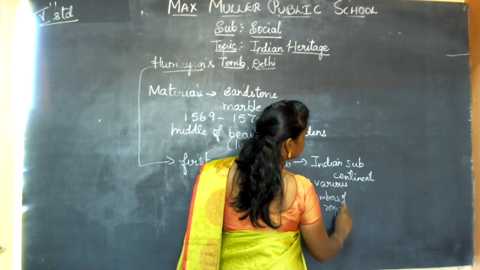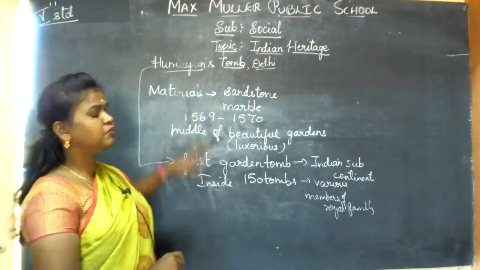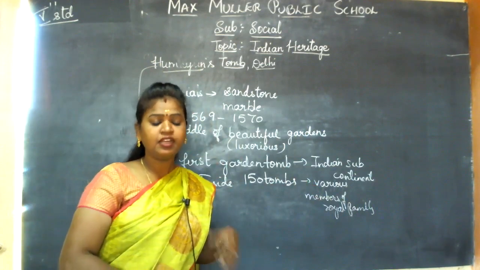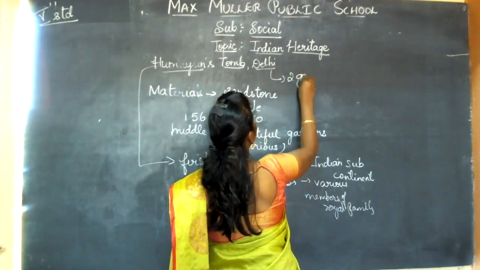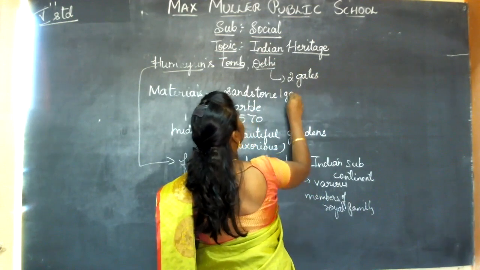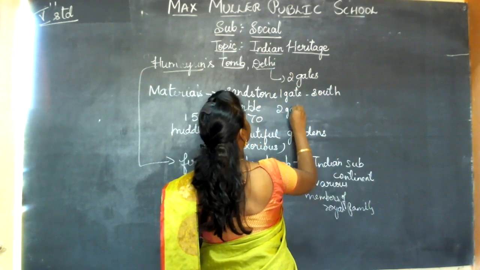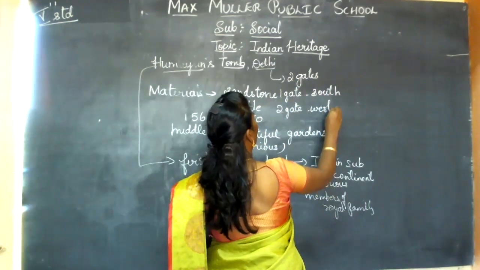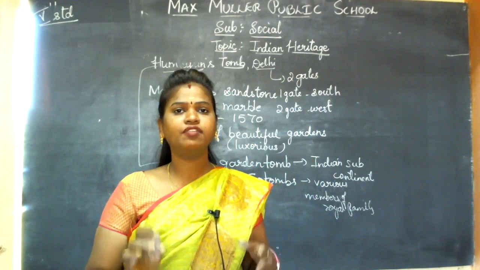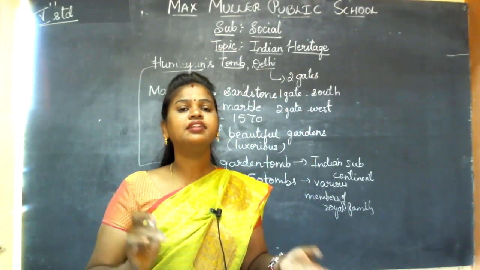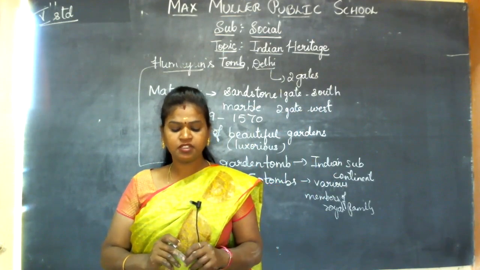And here we can see two gates. In Humayun's tomb, the first gate is in the south, and the second gate is in the west. So these were the two gates of Humayun's tomb.